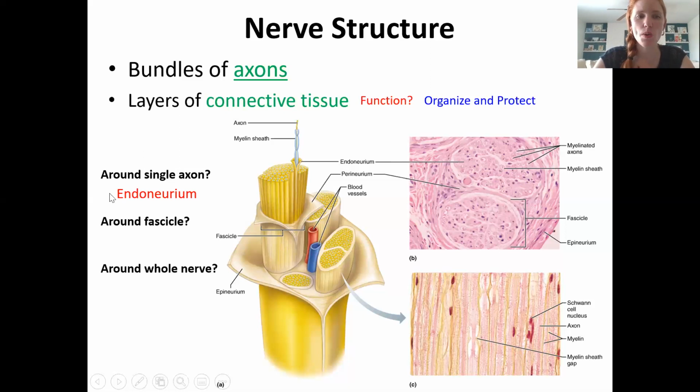Remember, endo means inside, neurium means nerve, so inside the nerve. If you take a bunch of axons and bundle them into a group, they create fascicles. And what is surrounding one single fascicle? That would be the perineurium, peri meaning around the outside.